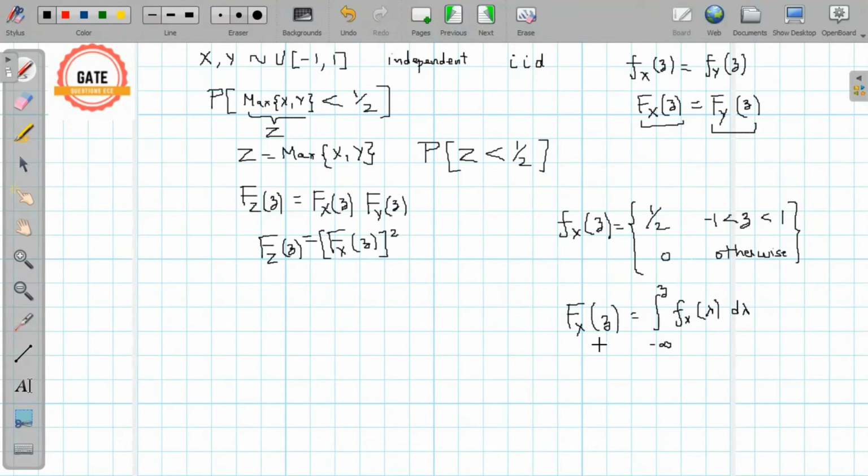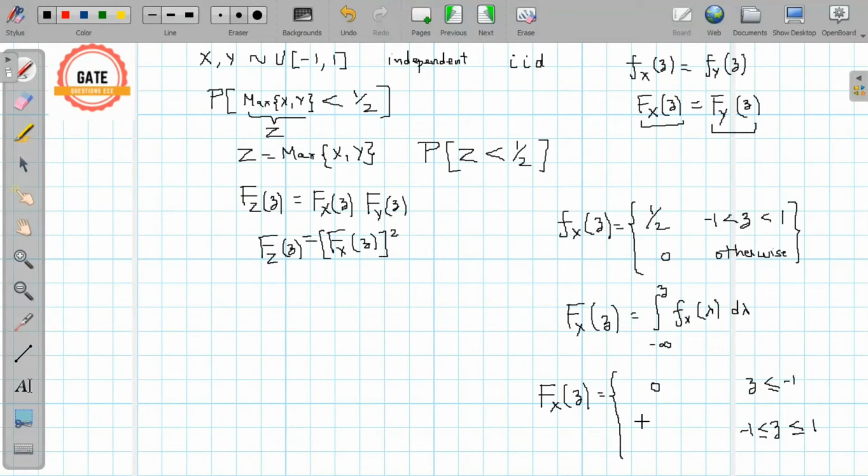So integrating this function, we will get the CDF of x. We can see here, for values less than -1, fx of z is 0. So for the value of z less than or even equal to -1, Fx of z will be 0. And for values greater than or equal to -1 and less than or equal to 1, you can observe here we have to integrate it.